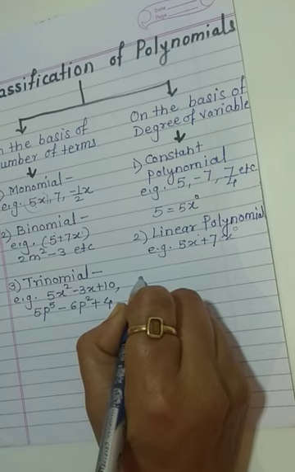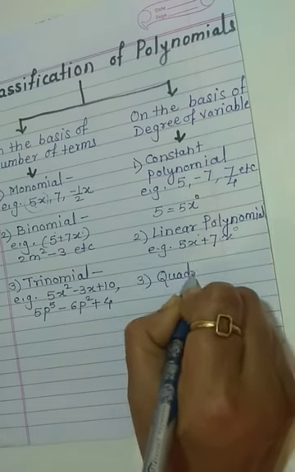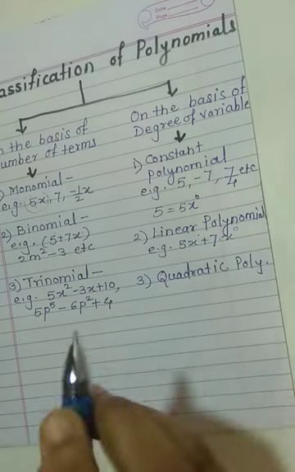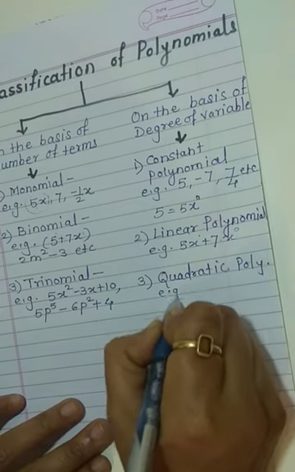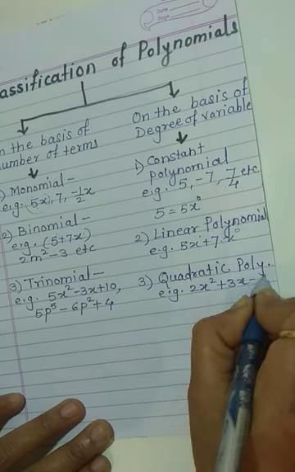Now the next type is quadratic polynomial. Now in this, example is 2x square plus 3x minus 5.